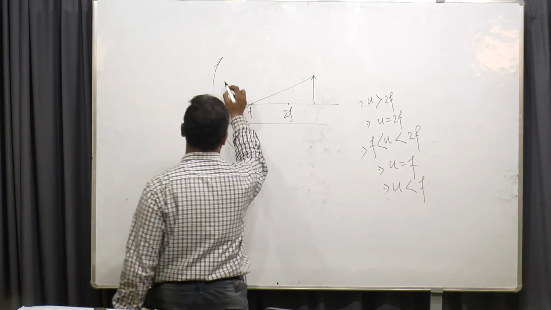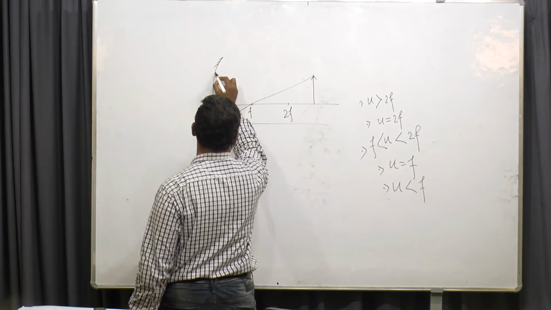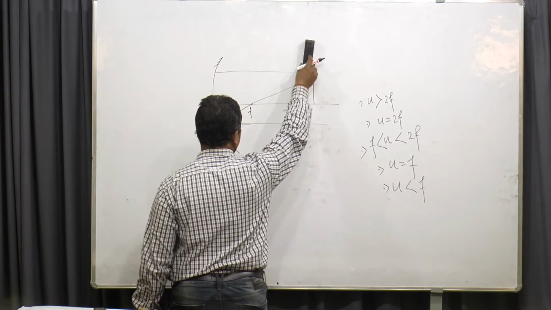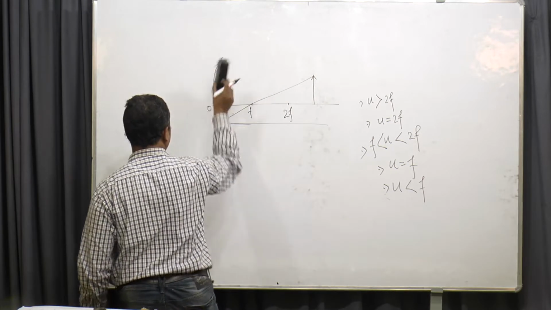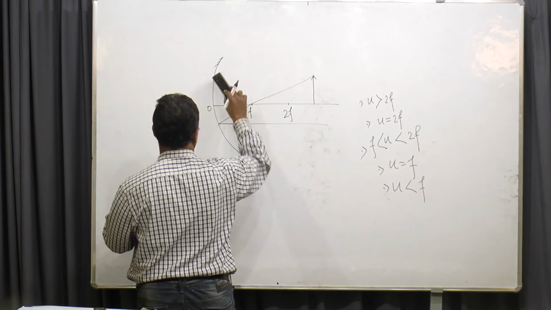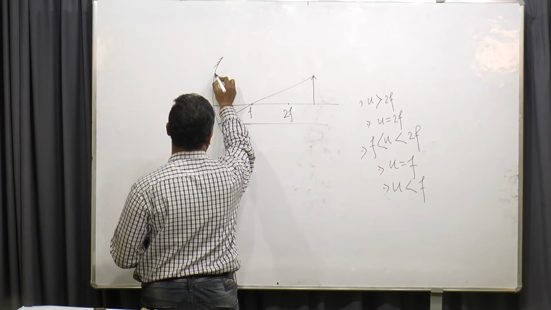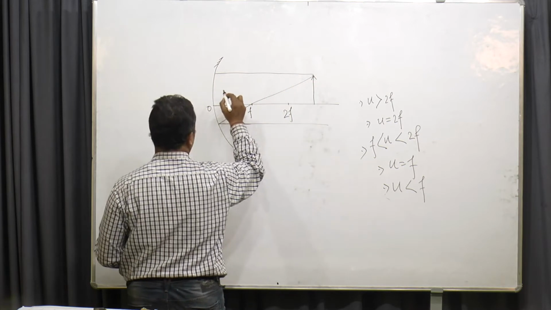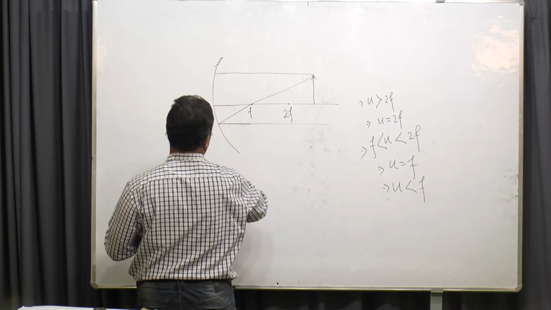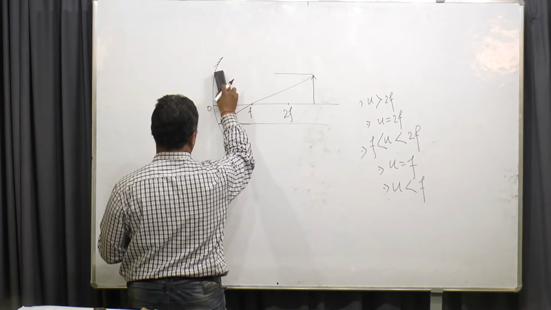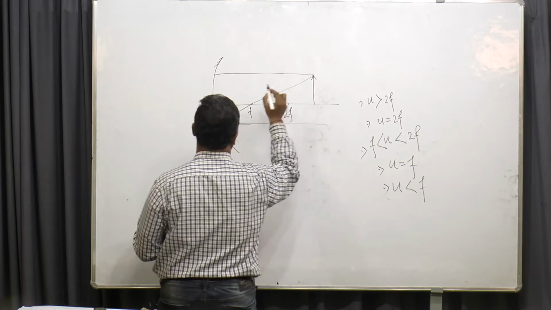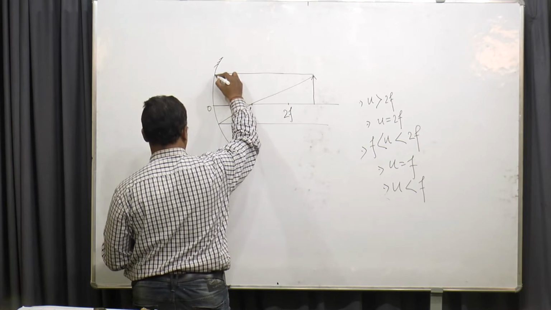And a parallel ray coming from the object, after reflection, passes through the focus.